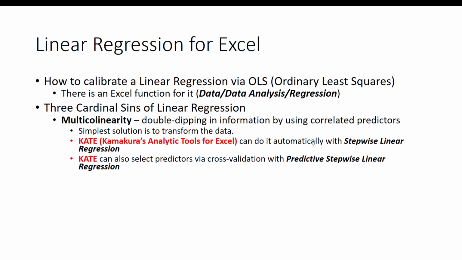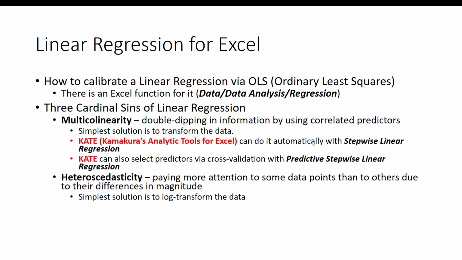Or you can install my analytical tools for Excel because you can use them to run a stepwise linear regression. Or you can run a predictive stepwise linear regression, a selection of predictors that maximize the ability to make predictions out of the sample.